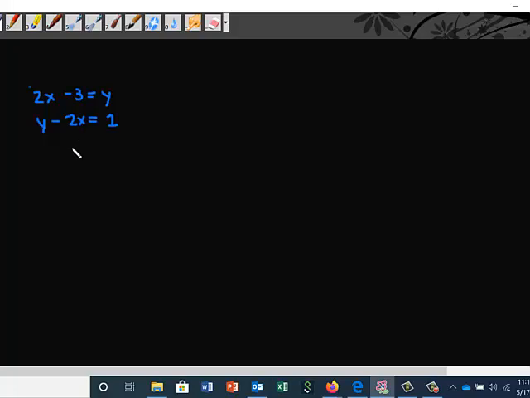Since the y is already isolated here, we want to substitute this expression into the other equation. So this will be 2x minus 3 minus 2x is equal to 1. Now we just do simple simplification here.